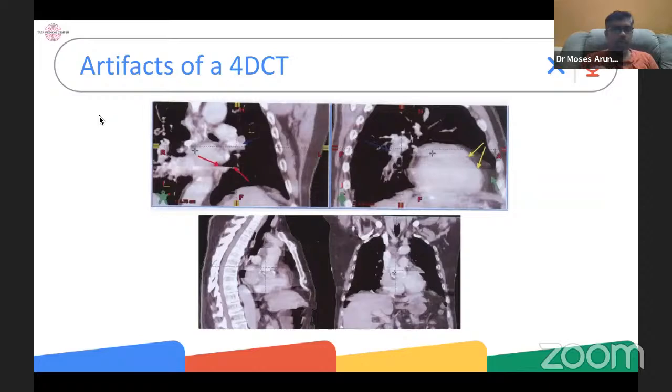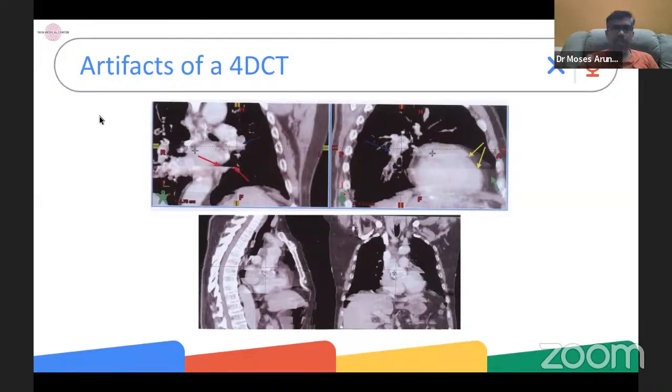Even with the 4D CT scan, we just mentioned that it is possible to get artifacts, and some of these artifacts could be because a patient coughed or moved during the acquisition of the 4D CT. So before you take the patient off the couch, you get all the reconstructions checked, and see if any of these artifacts are in the position where your tumor is.